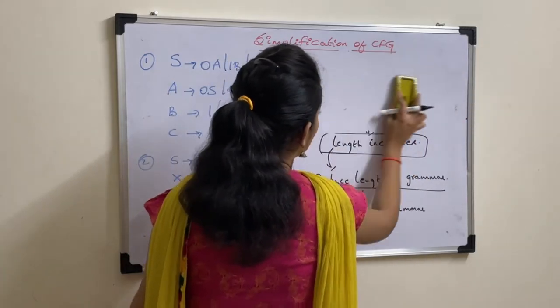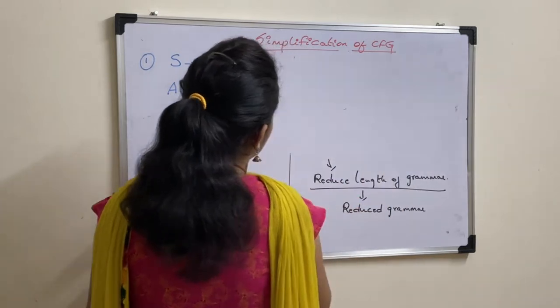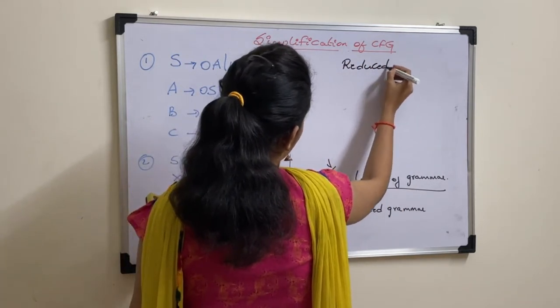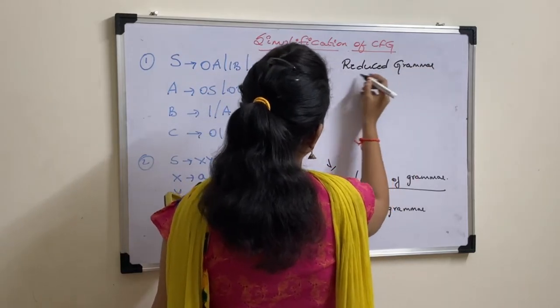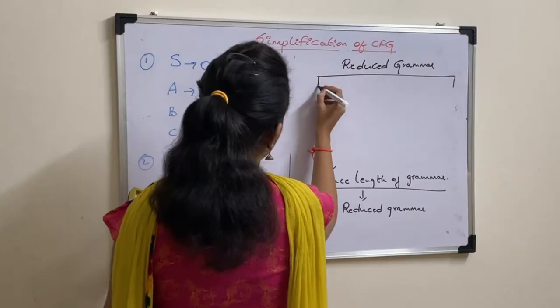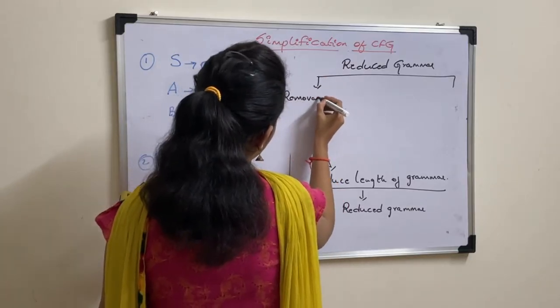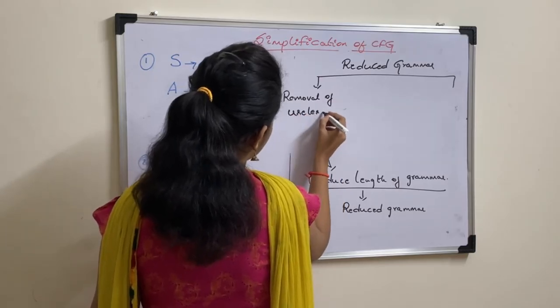There are three methods to reduce the given grammar. This is your reduced grammar. How will you get this? By applying three techniques. First is removal of useless symbols.